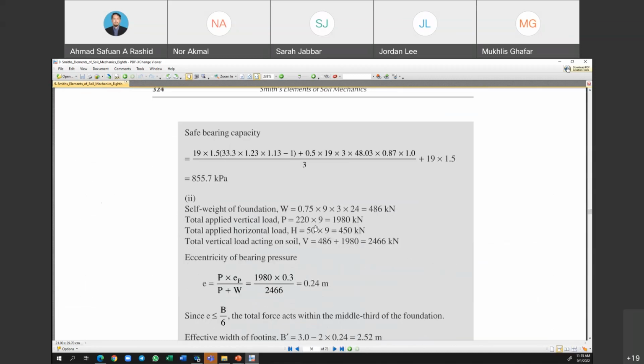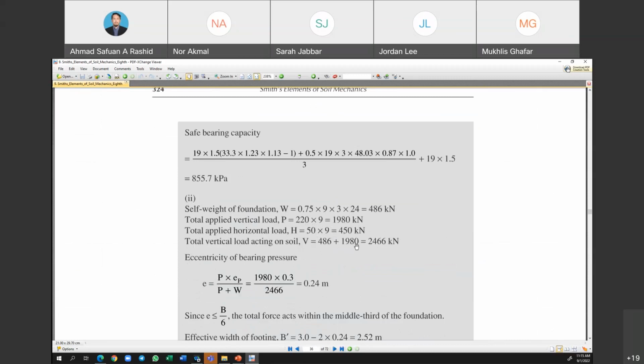Okay, so that's why 20 times 9. Then apply horizontal 90 times 9. So the total vertical load acting on the soil is 486 plus 1980.